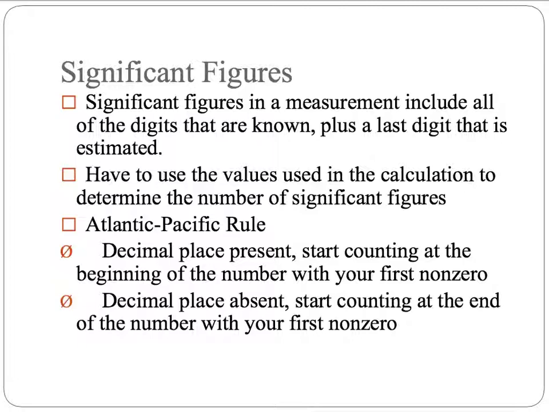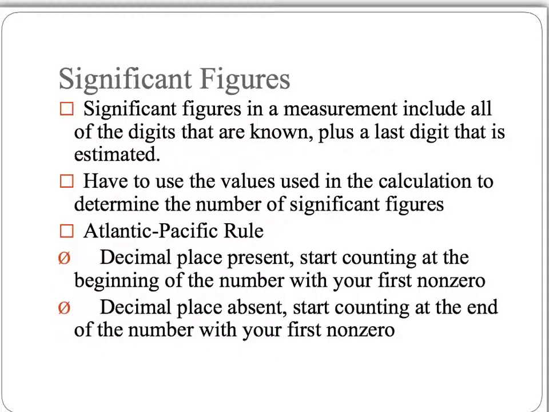There is a whole set of rules that you could follow for this, but there's something that I like to follow. It's called the Atlantic-Pacific rule. On the next slide, I'm going to have a bunch of examples that we're going to work through together, but the rules for this, there's two basically. If we have a decimal that is present in the number, so if I have a number like 2.50, there's a decimal place present in it.